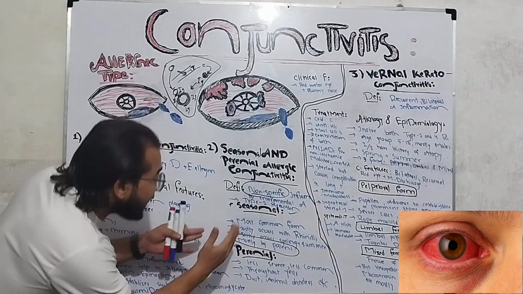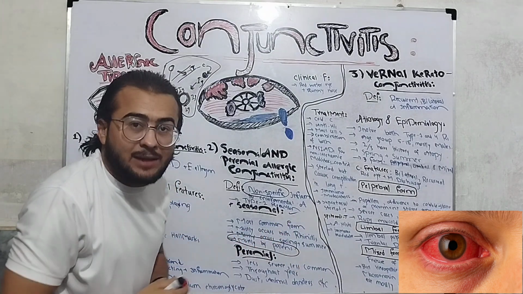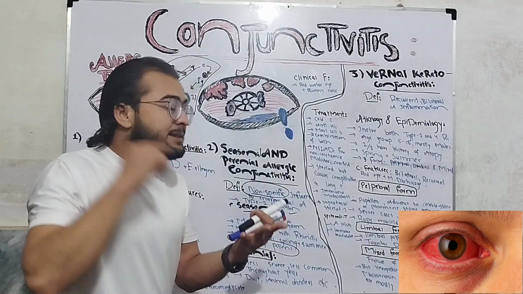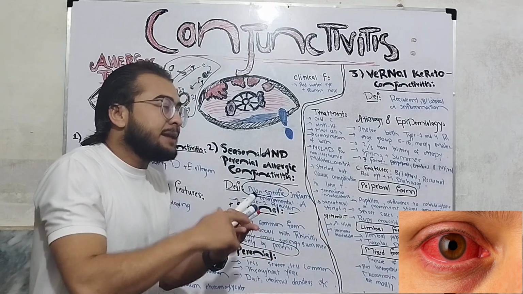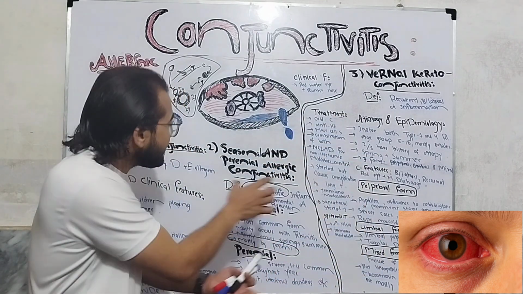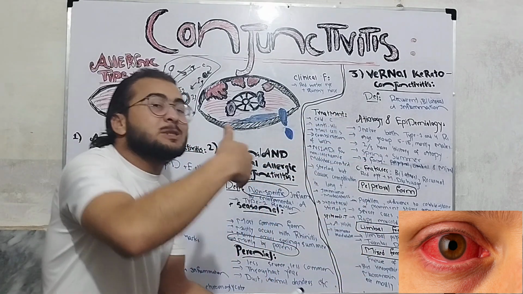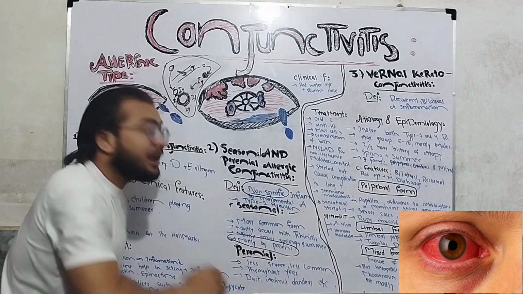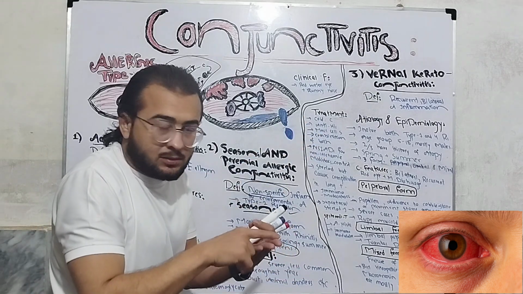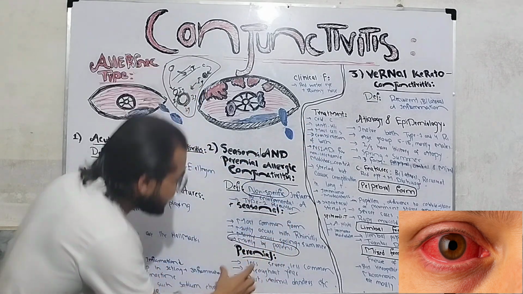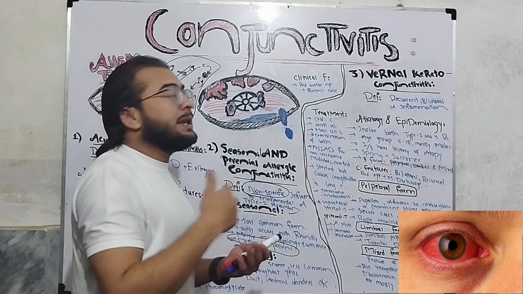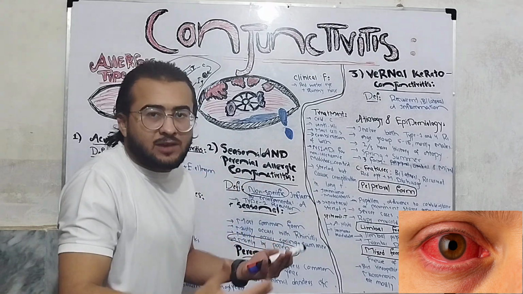On the other hand, perennial allergic conjunctivitis is less common, less severe, and occurs throughout the year. The seasonal occurs only in spring and summer, but the perennial occurs throughout the year. The allergens in this case are mostly animal danders, house dust, etc.